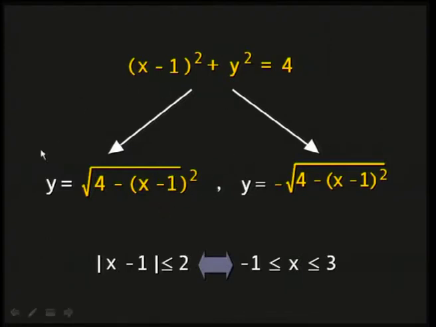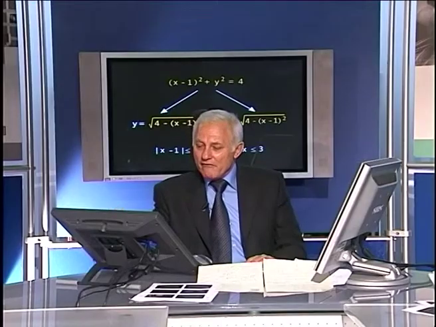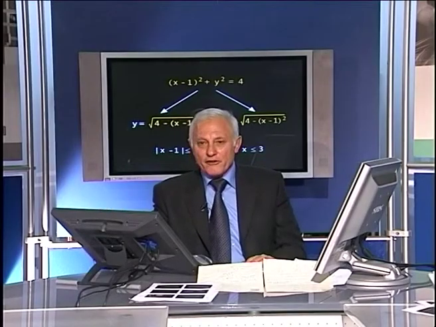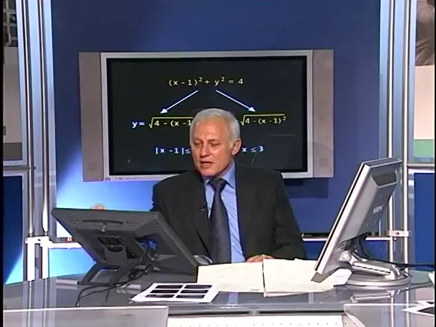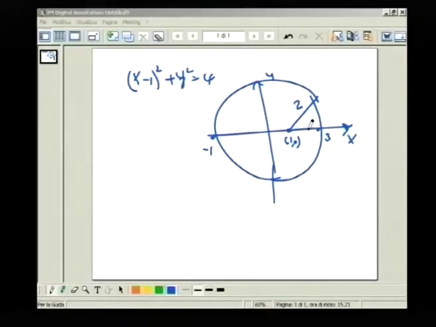One is the square root of 4 minus (x minus 1) squared, and this is a function, and the other one also is. So you get two functions out of one. On your graph, the upper part represents a function, and the lower part represents another function, because for each x there is one y.